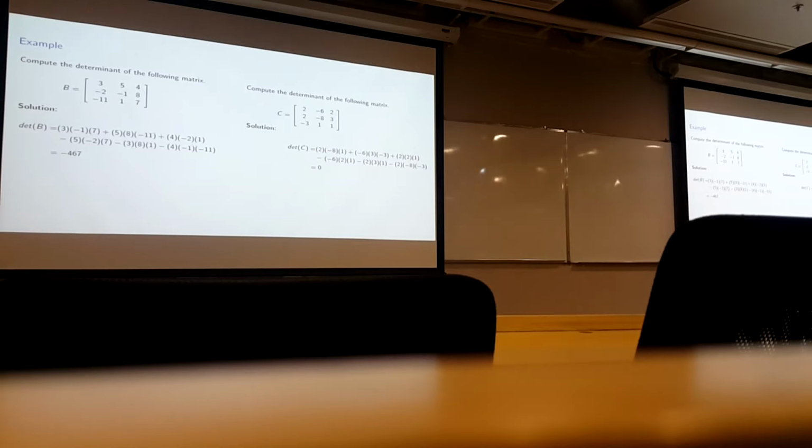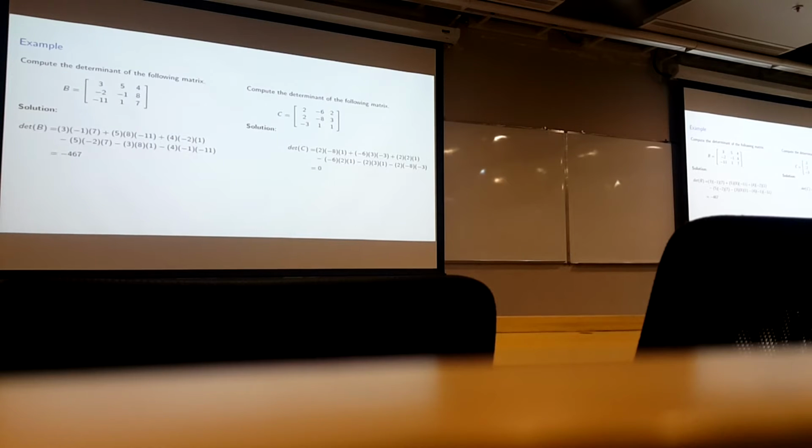And then this 5 times minus 14 minus 88. Minus 14 minus 88 is -74. -74 times 5 is -370. I write it down.